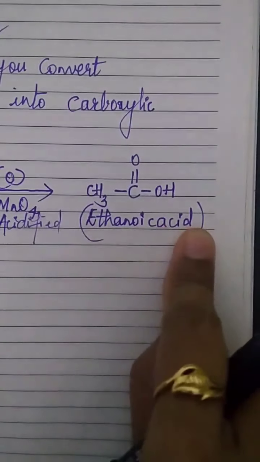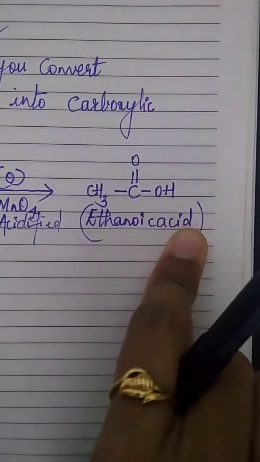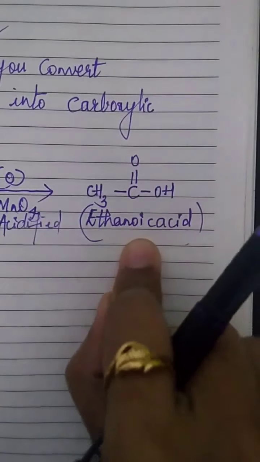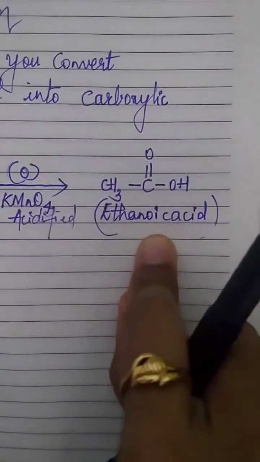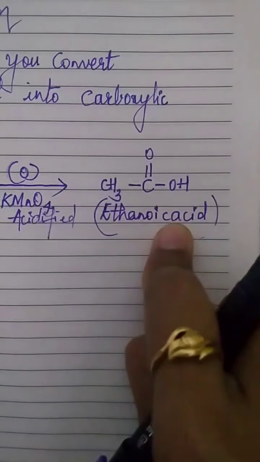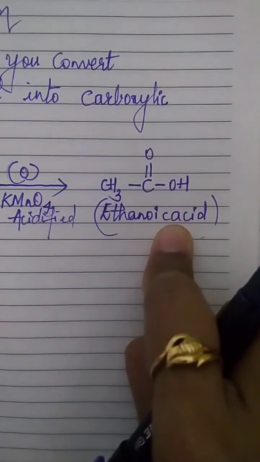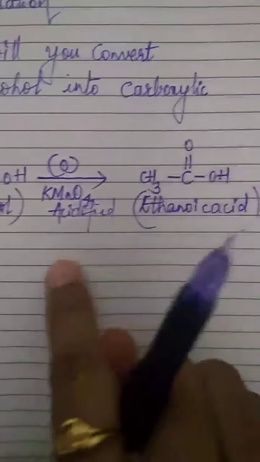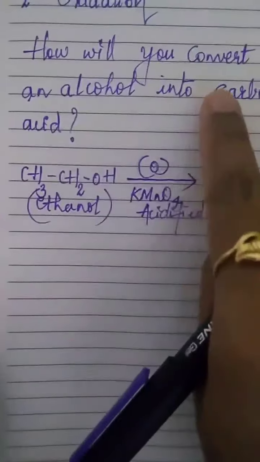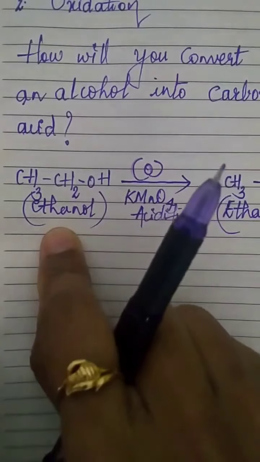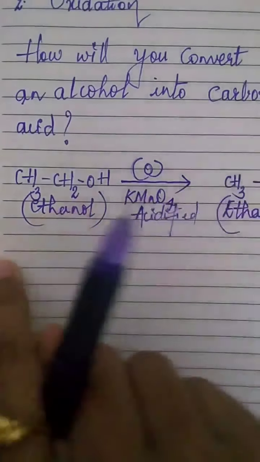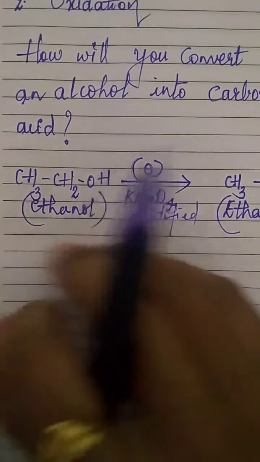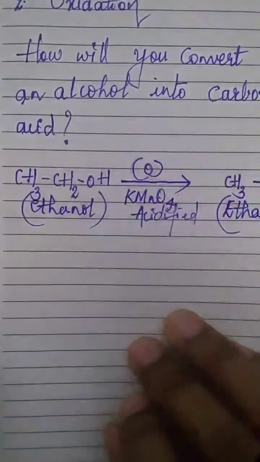We will just specify this product, which is ethanoic acid. As I told you, the same reaction you will learn in your 11th chemistry part. If you are taking that, please remember me at that time. There you will write the water molecules also. And remember this question also: how will you convert an alcohol into acid? This reaction you have to write. Here no need to balance it. Just keep it this way.